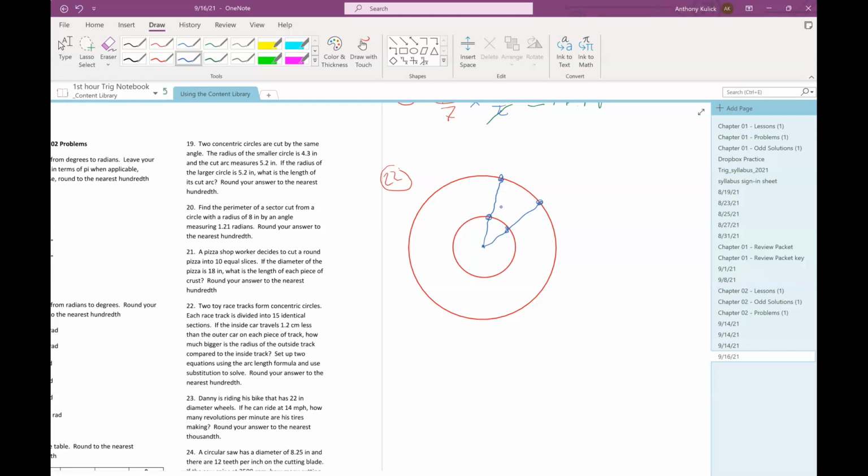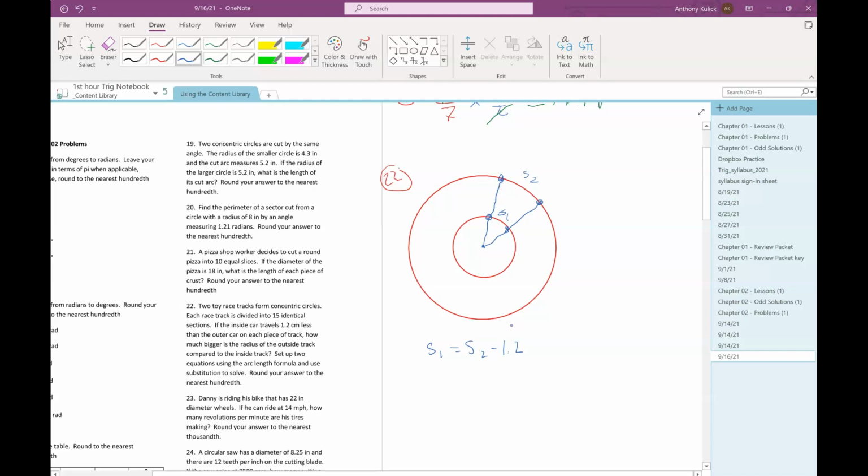If the inside car travels 1.2 centimeters less than the outer car on each piece of track, I'm going to identify this as S1 and this as S2, and then I can say that S1 is S2 minus 1.2.